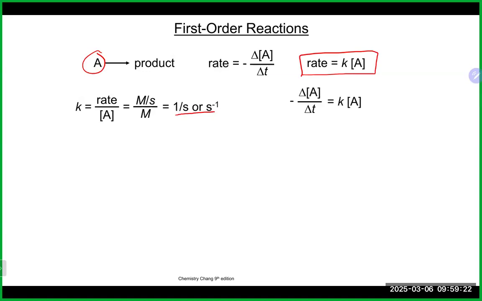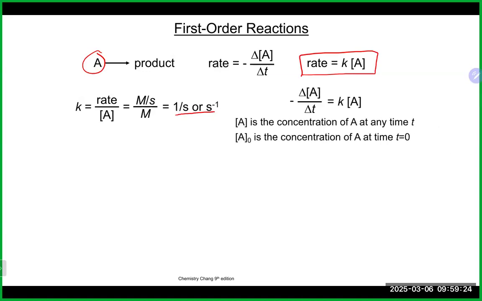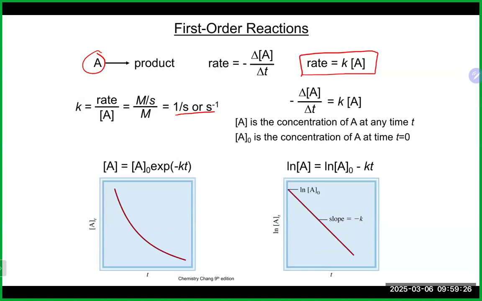Now, when we have a first order reaction, we have what is sometimes referred to as the integrated rate law. And that is a rate law that basically looks at both concentration and time dependency on each other. It is basically the relationship of time versus concentration and how it's changing.